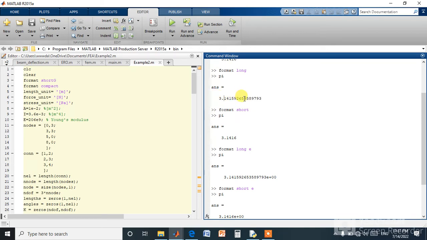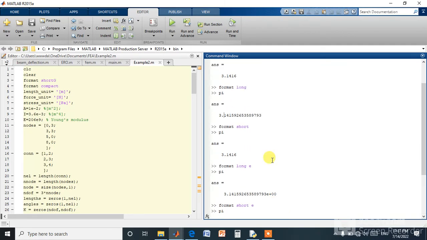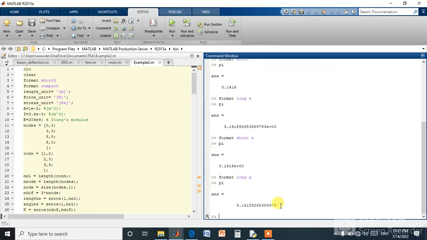The long carries 16 significant digits. And then let's look at the long G. How many? 1, 2, 3. It's obvious that the last digit in the long is not the last digit in the long G. So the long G is reduced by 1 digit. So the long G carries 15 significant digits.